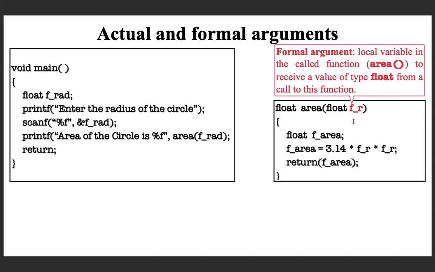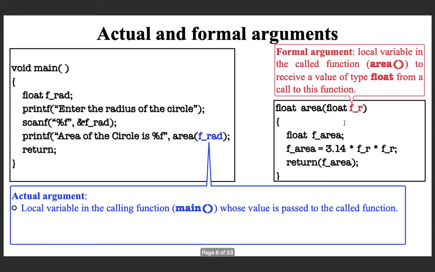So the arguments which are declared within parentheses of the definition of the called function are called formal arguments or formal parameters. Now, this is the function call, and this is the function definition to which there is a call.